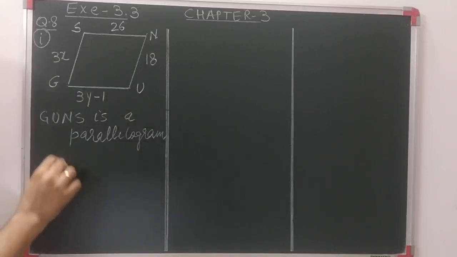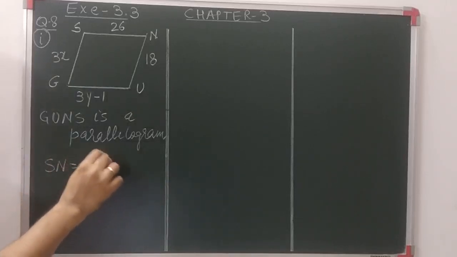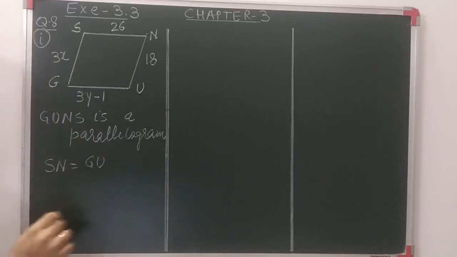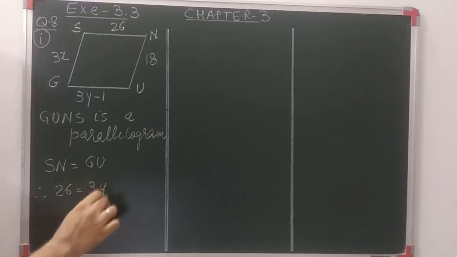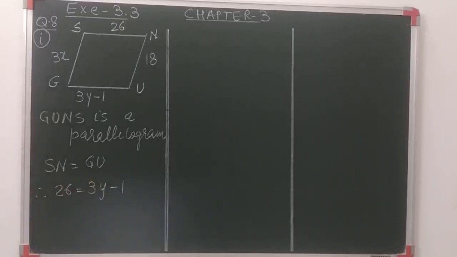So we can say that SN is equal to GU. They are a pair of opposite sides. So this is 26 and this is 3y minus 1. So we can see it forms a linear equation in one variable. Let me take this 1 to the left hand side, so it comes in addition.